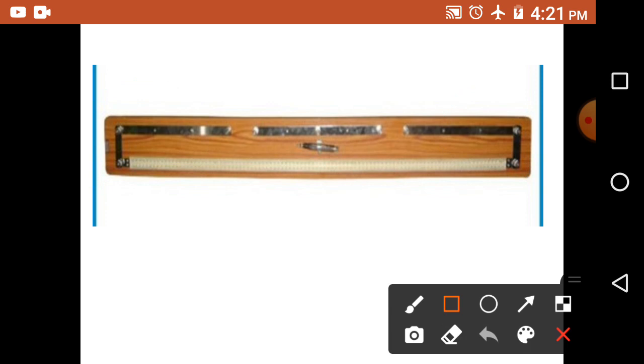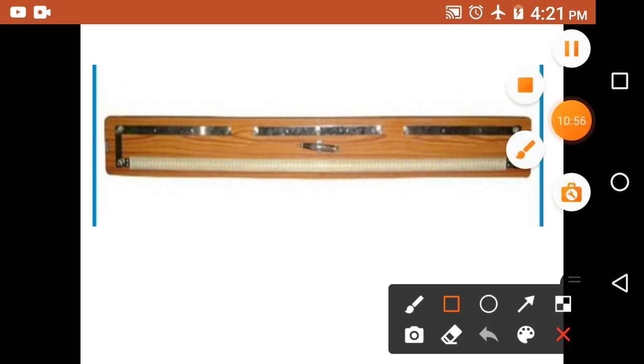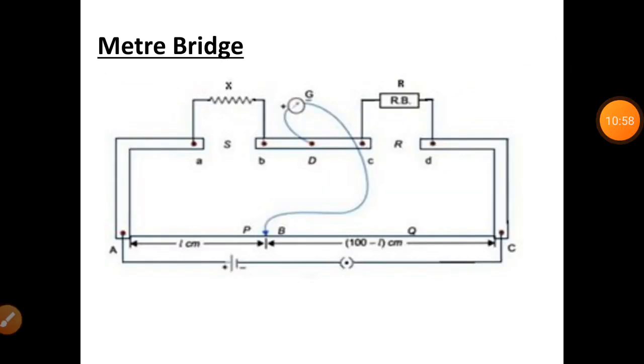Now let's again turn back to the circuit diagram. As I said, the meter bridge is an application of the Wheatstone's network.